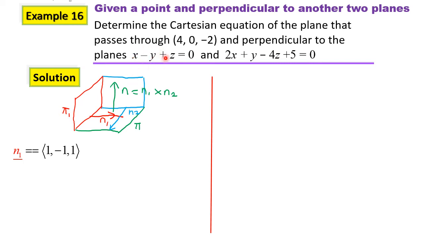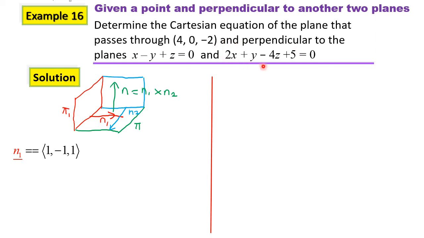So from the first plane here, our N1, we just look at the coefficients on the left hand side here. So 1, -1, and 1. So that will be our N1. And then for N2 here, the positive 5 is a constant, that is A dot N, so don't bother about this.